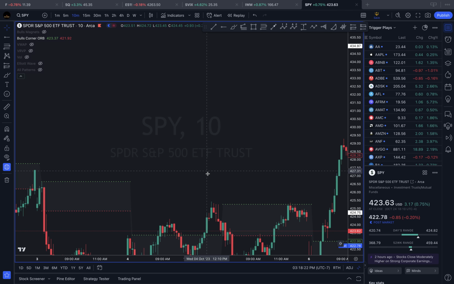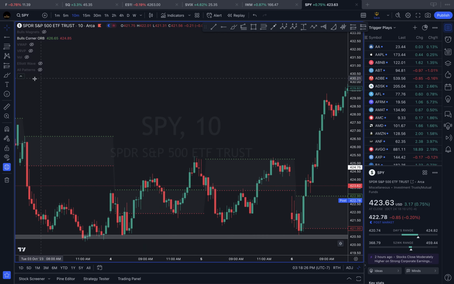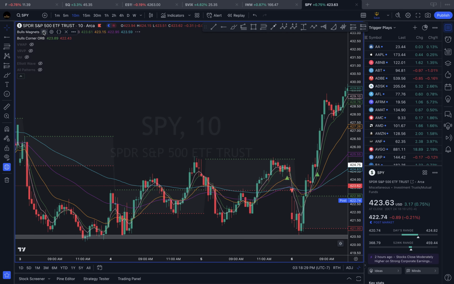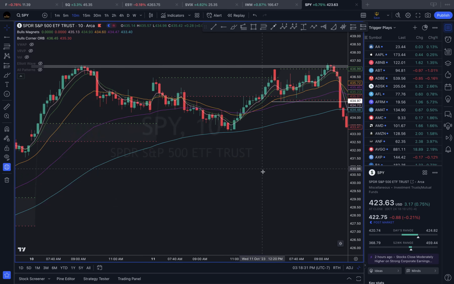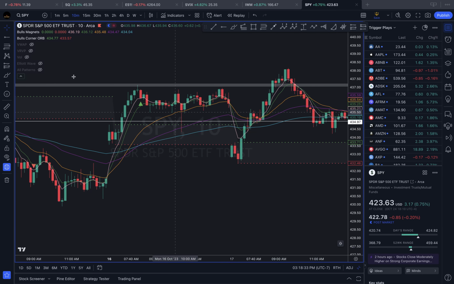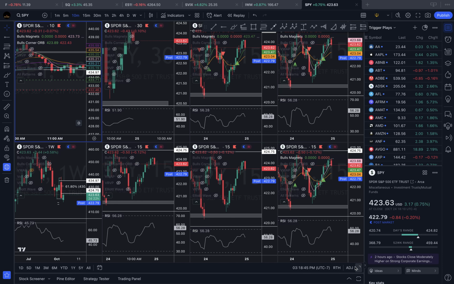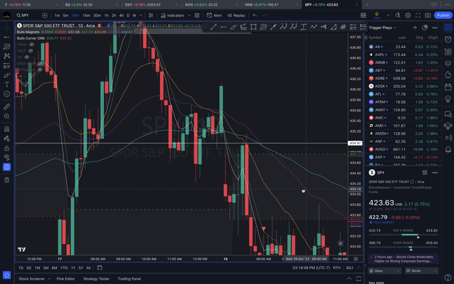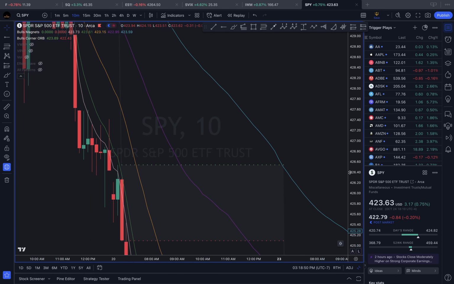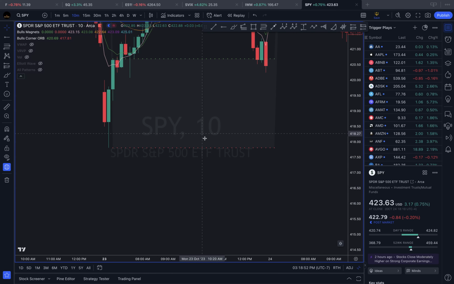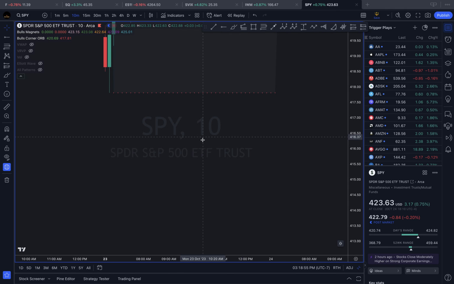And then again, guys, you can combine it with support and resistance, and you can also combine it with the magnets too. Let's say these were the magnets right here, the 5 and 8 magnets. You guys know that, let's say price is breaking out, it's retesting.